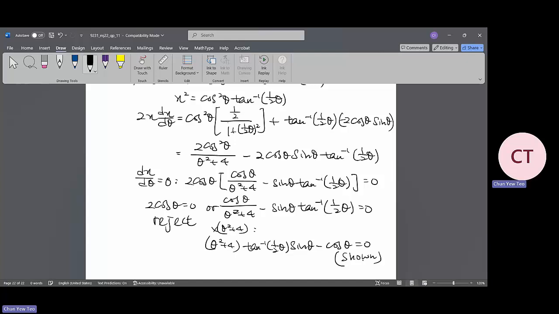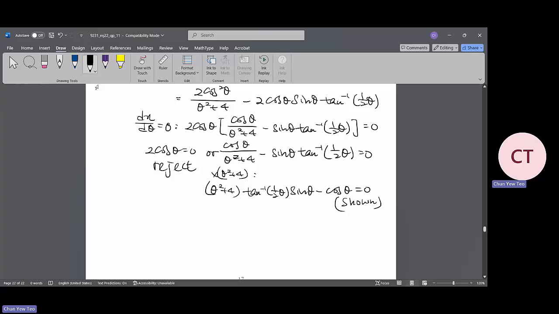Okay. Now we have to verify one more thing. To verify, there is a root between 0.6 and 0.7. So we let this whole thing over here as a function of theta: arctangent of half theta sine theta minus cos theta.